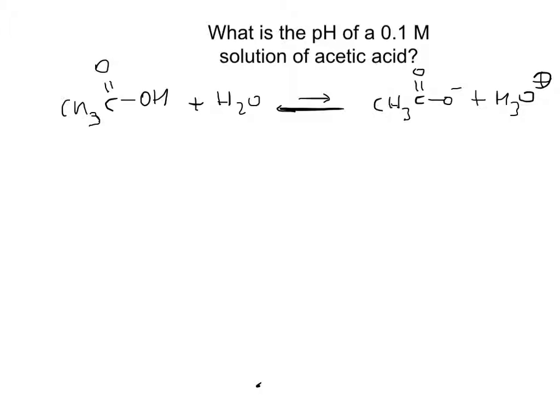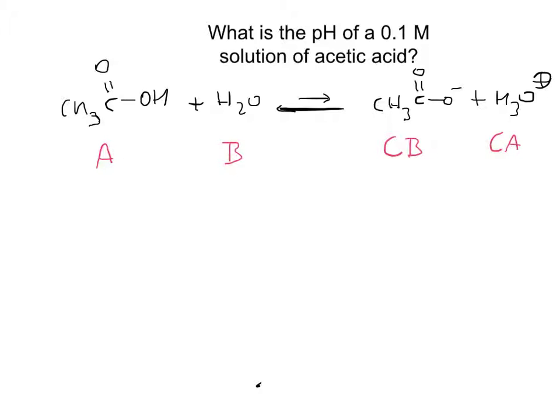In this sense, this is an example of a generic acid-base reaction because the acid, acetic acid, reacts with the base, water, to form the conjugate base, acetate ion, plus the conjugate acid, hydronium ion.